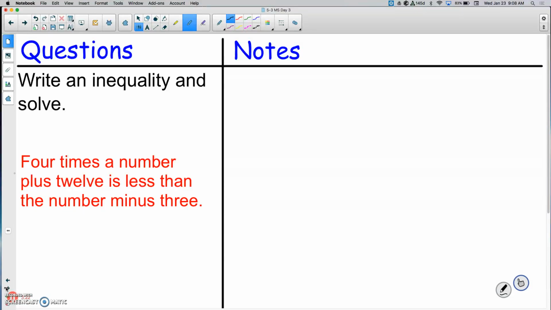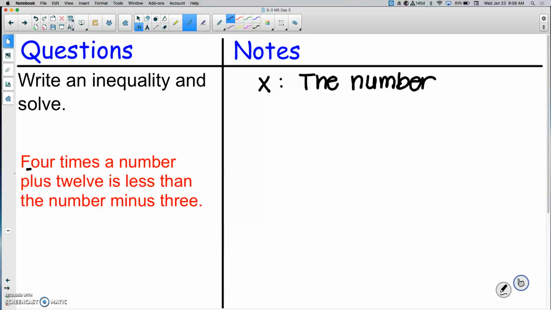This one says 4 times a number plus 12 is less than the number minus 3. So when it says the number, you get to pick a variable. So I am going to use the letter X to represent the number. So the number that we do not know.